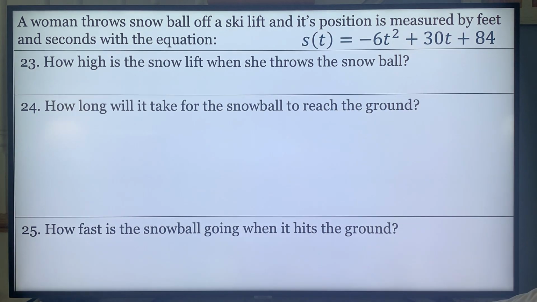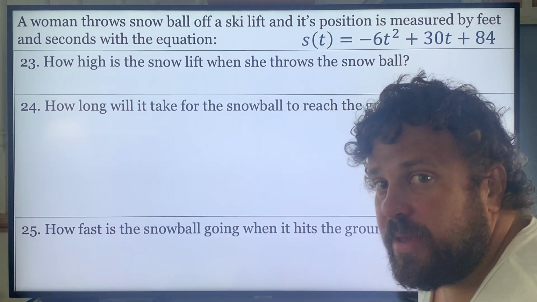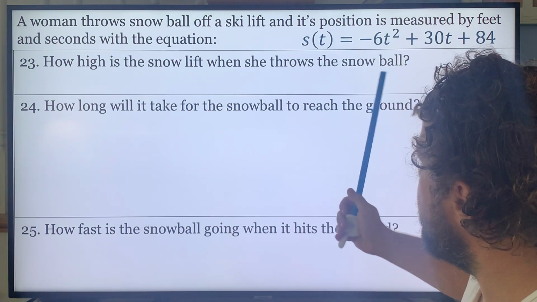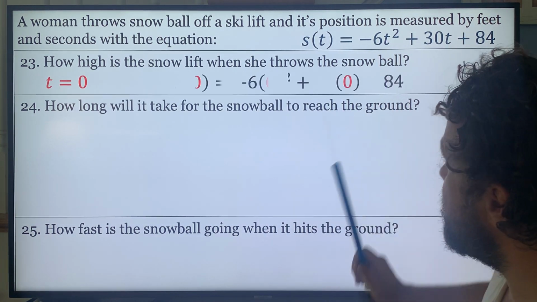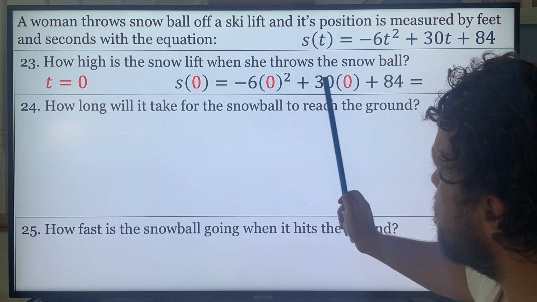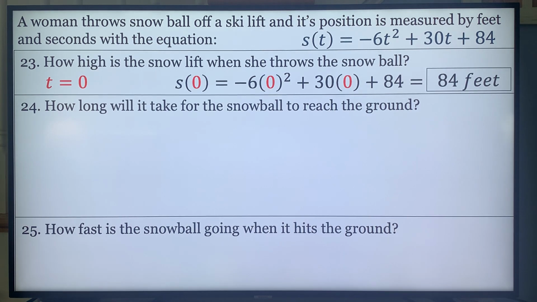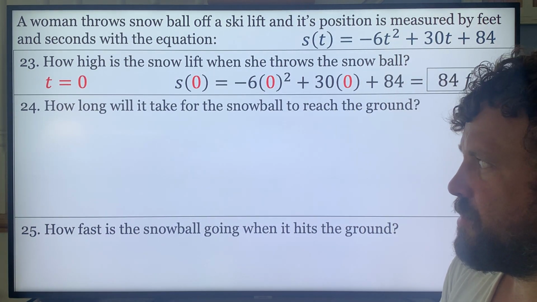All right, so what is her original position? Well, that is when your time is 0. So when time is 0, that's how high she is originally, right? When she throws the ball. So when t is 0, I just plug in 0 for all the t's. S of 0 equals 0 plus 0 plus the only number without a t attached to it, which is 84 feet high. All right? That one almost everyone always gets.